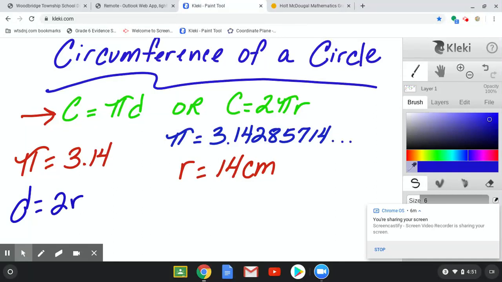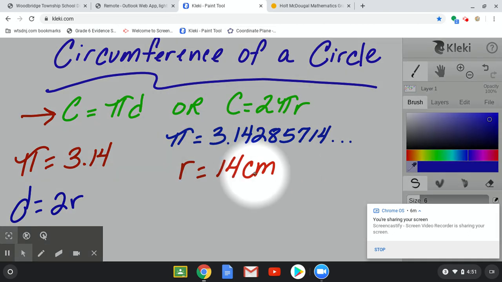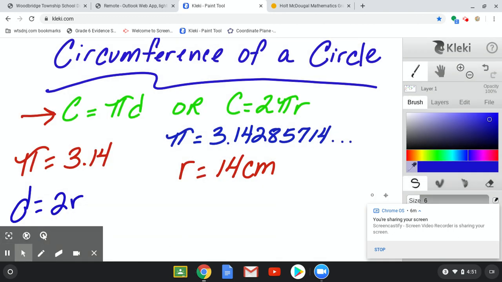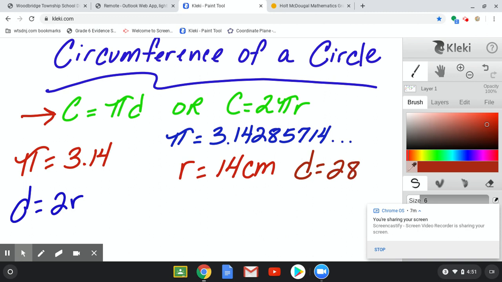So if I know my radius is 14 centimeters, what is 2 times 14? 2 times 14 would then give me 28. So then I know that my diameter is 28 centimeters, because I know that my diameter is 2 times my radius.